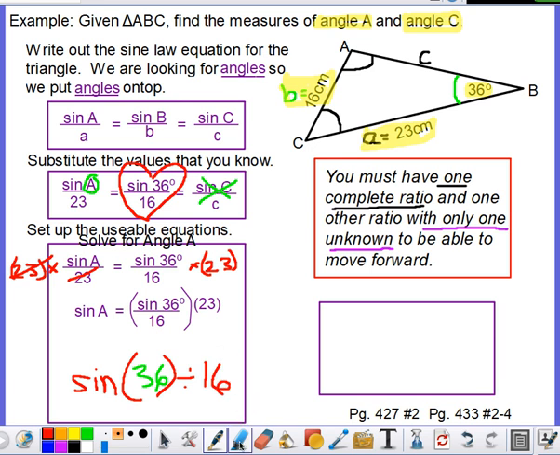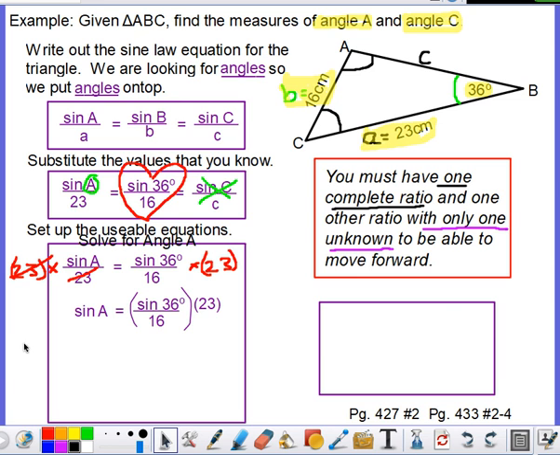Otherwise, your calculator is going to think that you want to do the sine of the angle 36 divided by 16, and that's not what we want. We want the sine of angle 36, and we want to take that result and divide it by 16. That can be a little bit tricky, so be careful using your calculator.